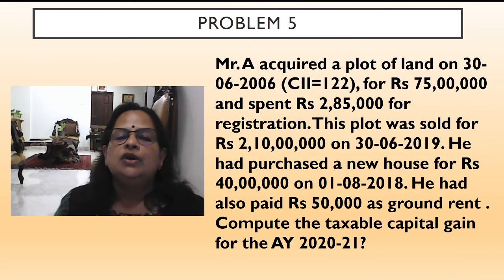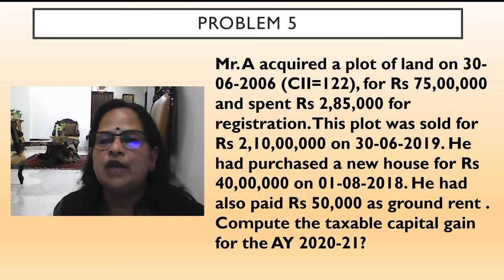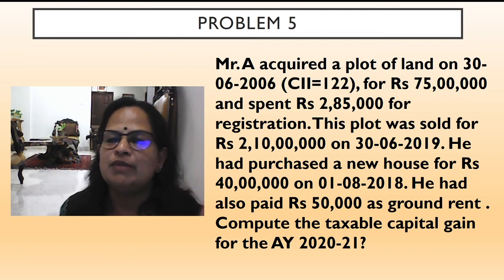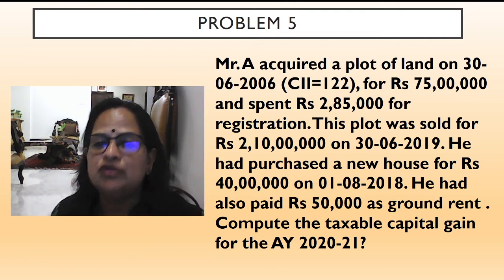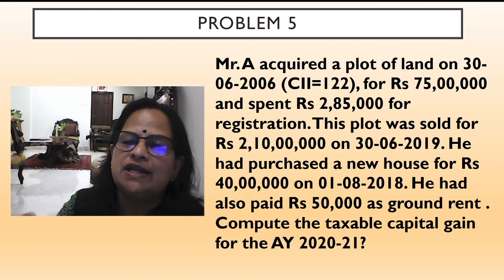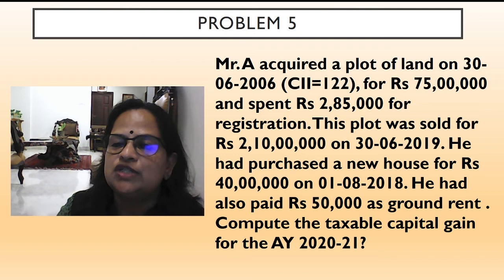Now, problem 5. Mr. A acquired a plot of land on 30/6/2006, CII is 122, for rupees 75 lakhs and spent rupees 2,85,000 for registration. So here you have to remember whatever the amount spent for registration we have to add to the cost. Now this plot was sold for 2 crore 10 lakhs on 30/6/2019.